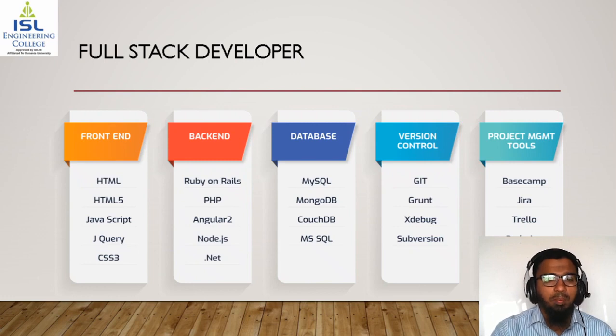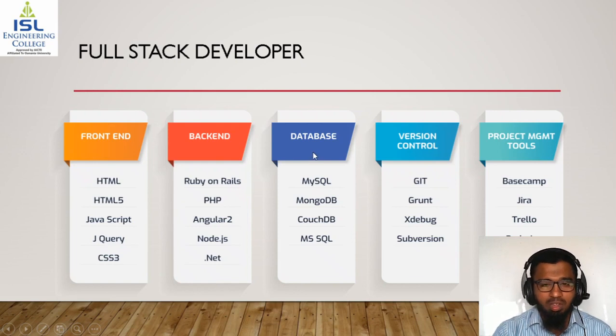So once again I will repeat, front end. Front end is nothing but whatever will appear on the screen, whatever the user will see on the screen, that is the website. Backend, what is backend? At the backend, AngularJS, Node.js, .NET, this will help the website to work smoothly in the front.